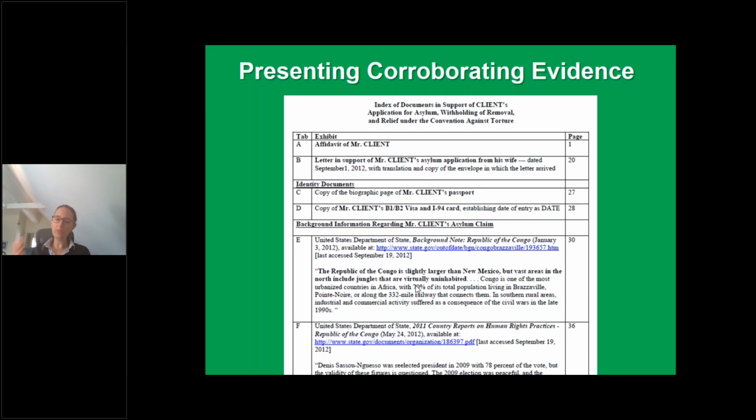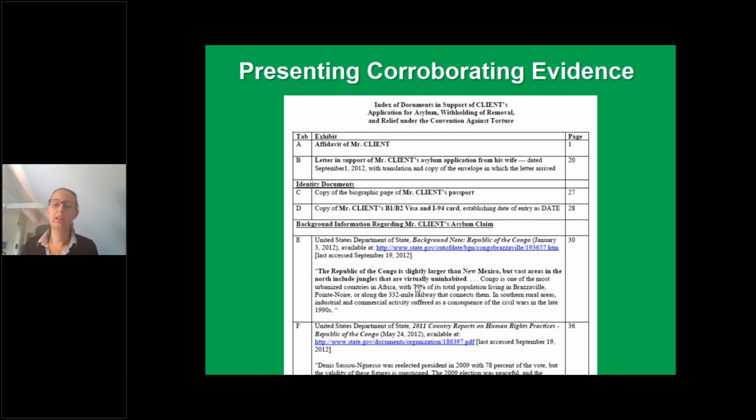So, we were just talking about gathering corroborating evidence and the type of corroborating evidence that is necessary for your case. And whether you're at the asylum office or at the immigration court, you're going to want to organize all of this evidence and create an index so that either the asylum officer or the immigration judge can see exactly what you're presenting in support of your client's asylum claim.